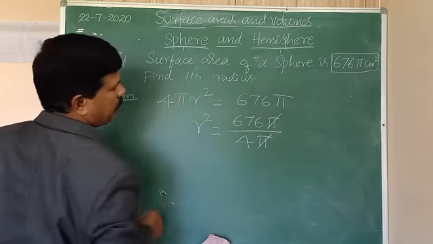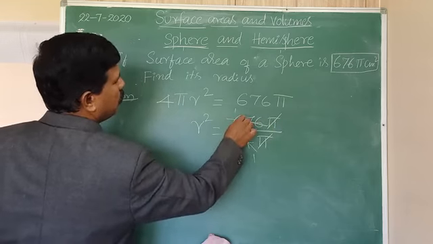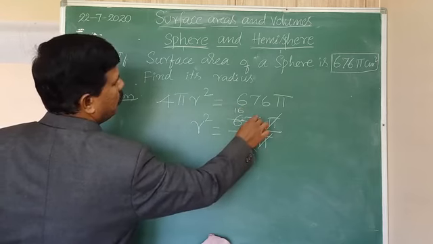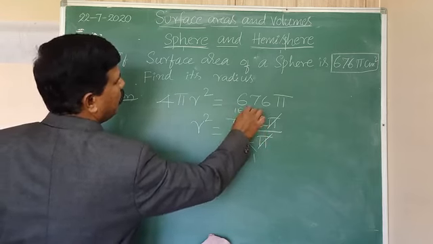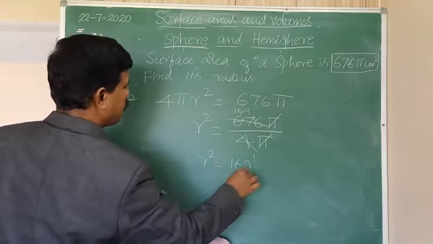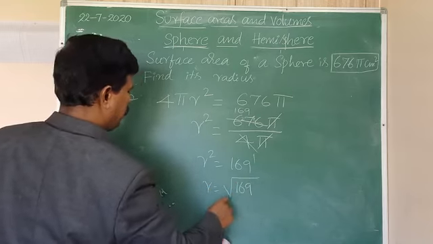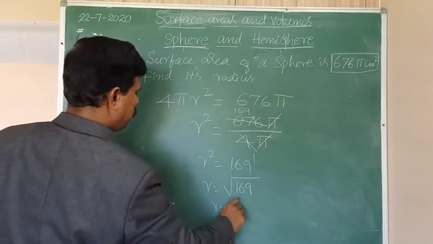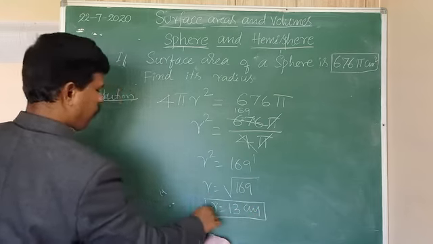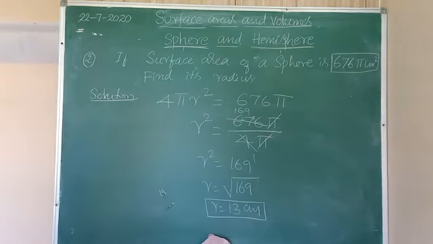So pi gets cancelled. 4 ones are 4, 4 sixes are 24, 4 nines are 36. So r square is equal to 169. r is equal to square root of 169. So r is equal to 13 centimeter. This is the radius of the sphere.